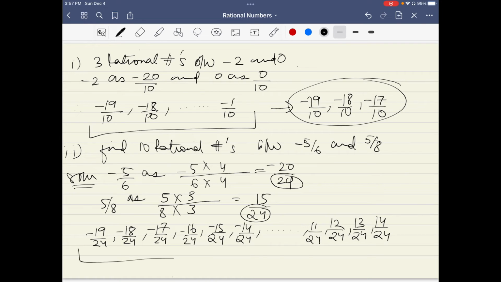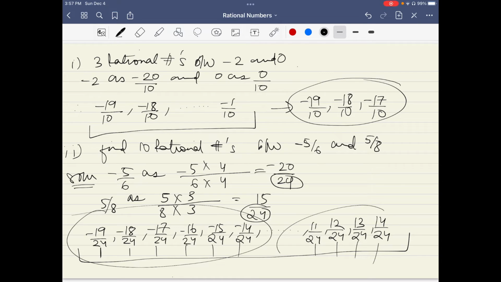So we can pick any 10 rational numbers and they will fall between minus 5 over 6 and 5 over 8. Let's say we pick all these ones that I have just listed here, because these are 10 of those.